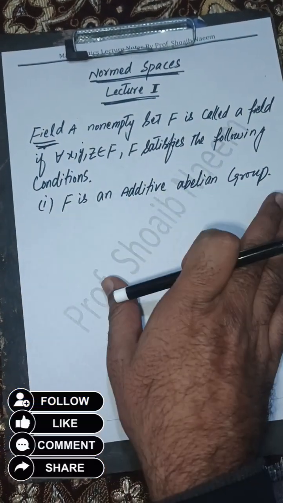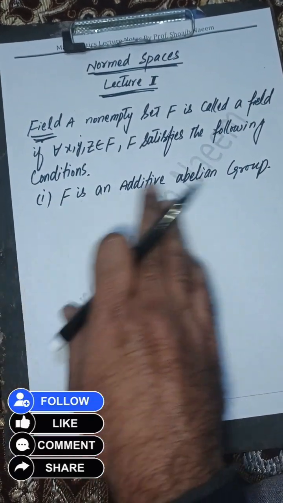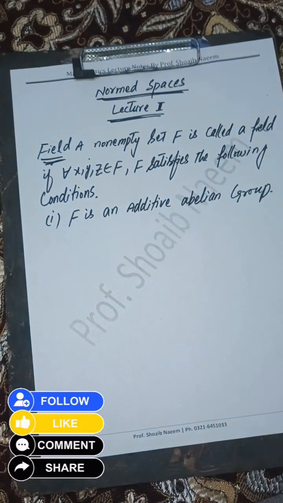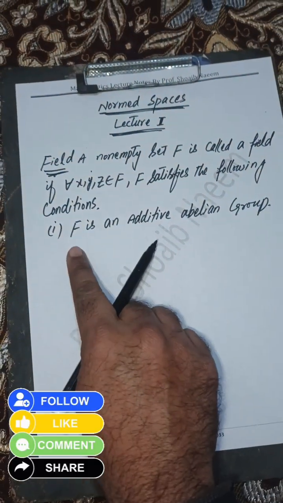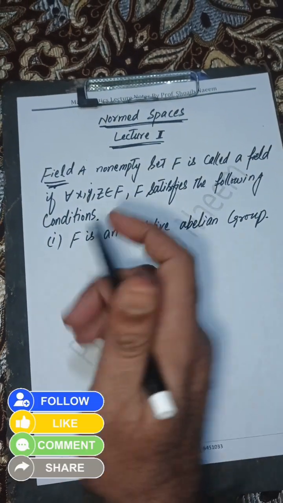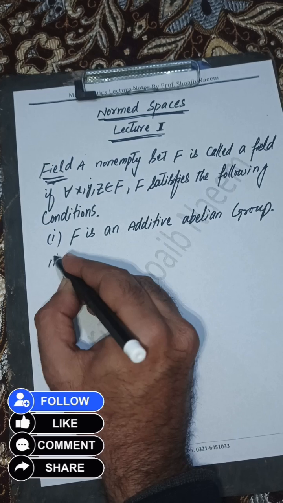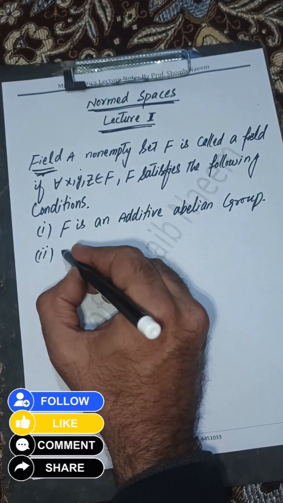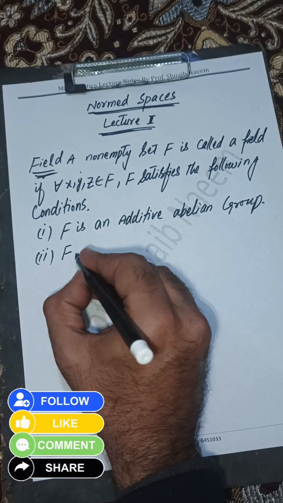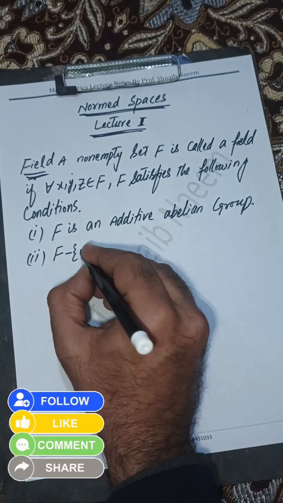If F satisfies 5 conditions, then F is called additive abelian group. To be a field, first of all, F must be an additive abelian group. The second one, F minus 0.